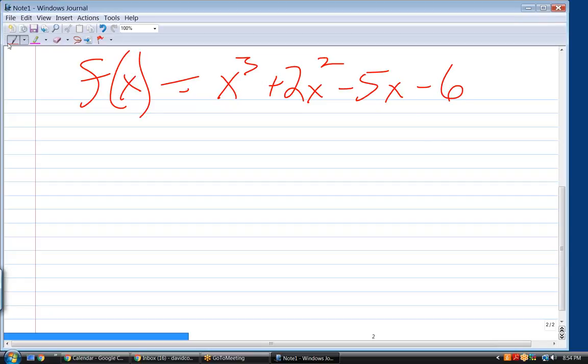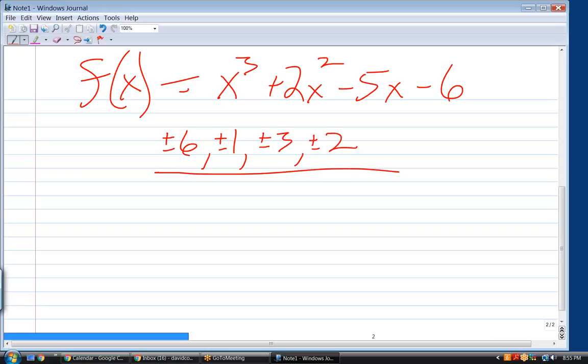The next thing I would do would be to look for rational factors. Well, what do I know about a possible rational factor? The numerator could be plus or minus 6, plus or minus 1, plus or minus 3, plus or minus 2. The denominator can only be plus or minus 1. You see why?